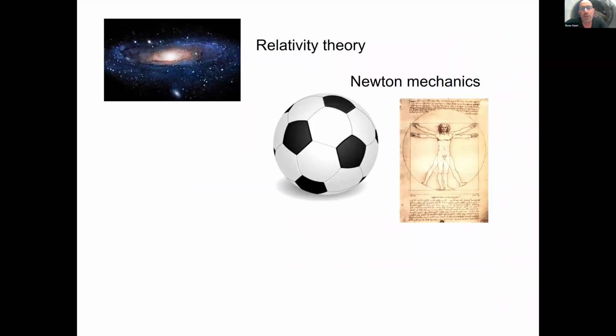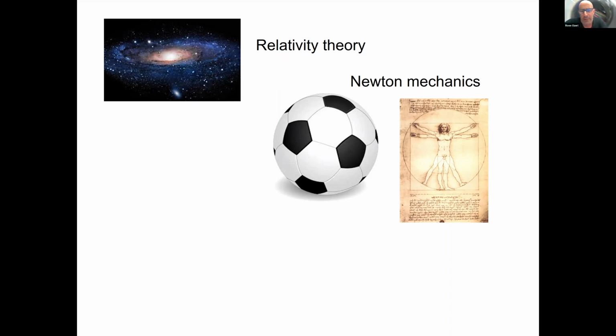If we look at much larger phenomena like galaxies or clusters of galaxies or the entire universe, we see that our operating system changes. We no longer can use Newtonian mechanics. If we look at these huge, massive objects, the physics that we need to use is general relativity, a theory that was discovered about 100 years ago by Albert Einstein.